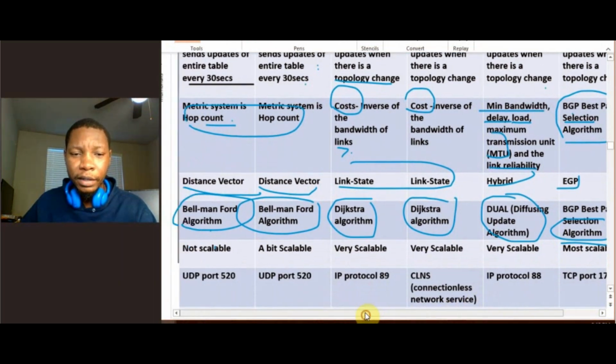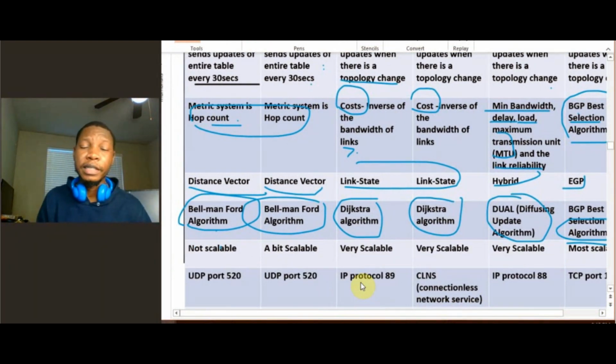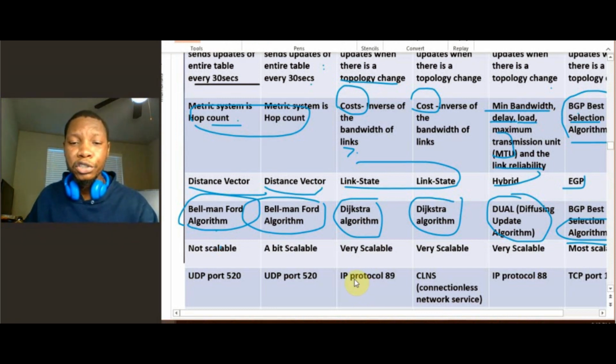Okay, cool. Now, from a firewall point of view, as a network administrator, network architect, or engineer, it's always good to understand the implications of firewalls. So when you're putting in firewall rules, ensure you allow these protocols through.